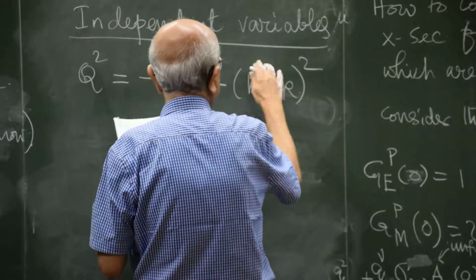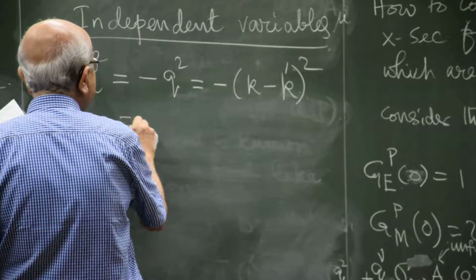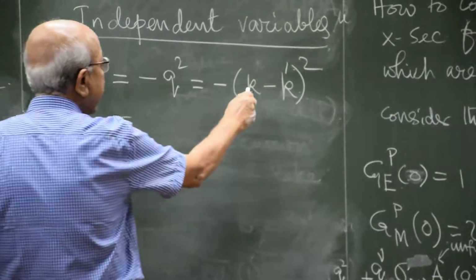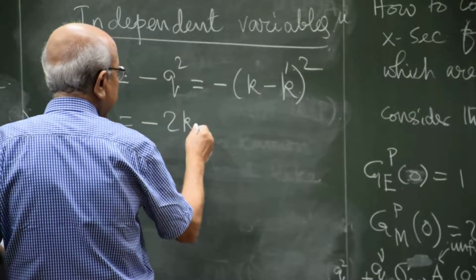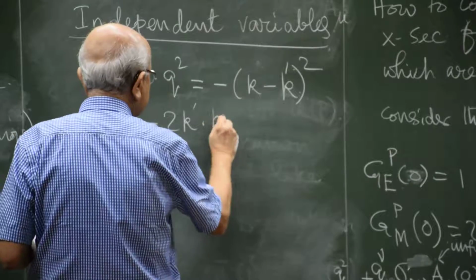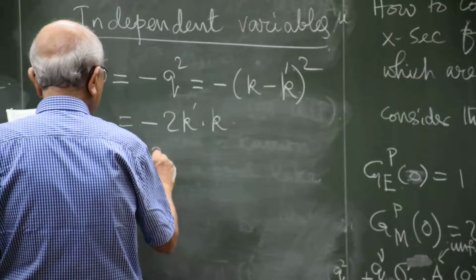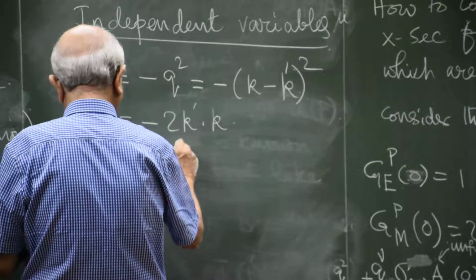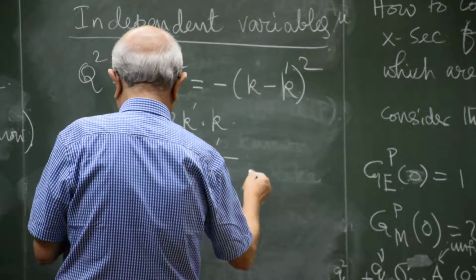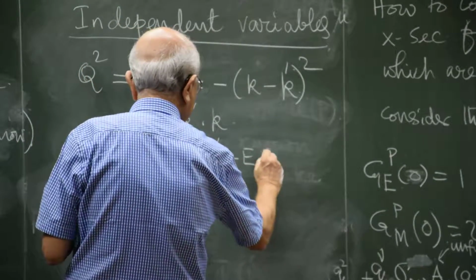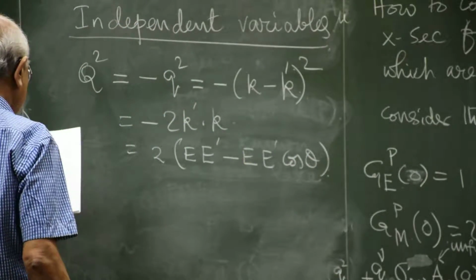And if you break it up and neglect the electron mass, k square is the electron mass, k prime square is the electron mass, neglect them, because in these high energy processes, this will simply be 2 k dot k prime. Why is it minus 2 k dot k prime?